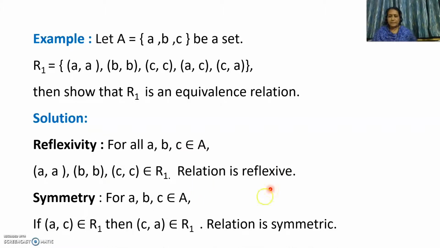Now, symmetry. For a, b, c belongs to A, if we take (a,c) belongs to R1, that is (a,c) is in set R1, then (c,a) also belongs to R1 and therefore the relation is symmetric. Transitivity.